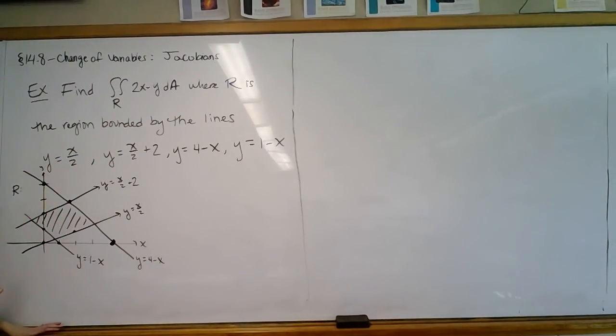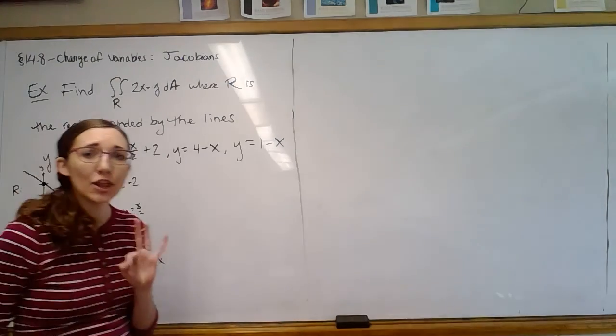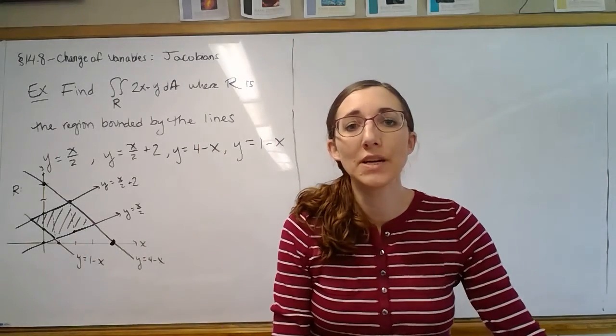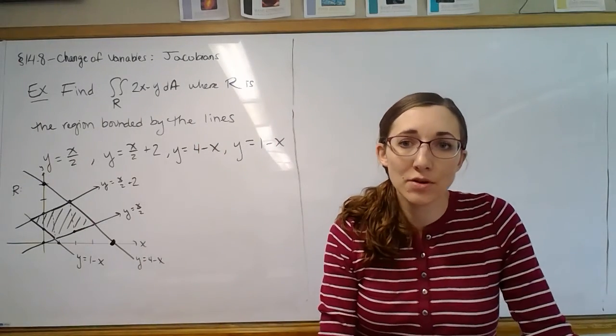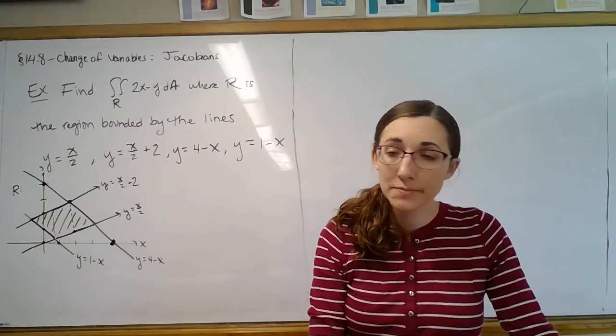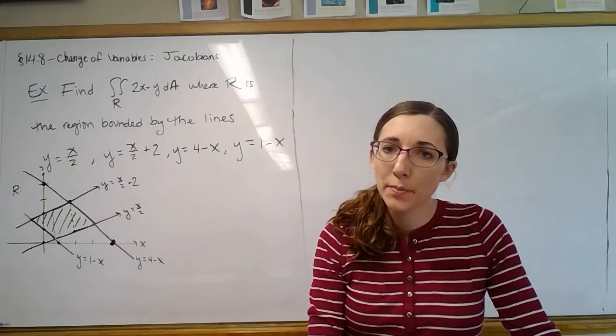I'd have to cut it here so that I go from this top curve to this bottom curve, and here to go from top curve to this bottom curve, and then again from this top curve to this bottom curve. So we would have to cut this into three regions in order to do it using rectangular coordinates. Doable, sure, but perhaps there's a better way.